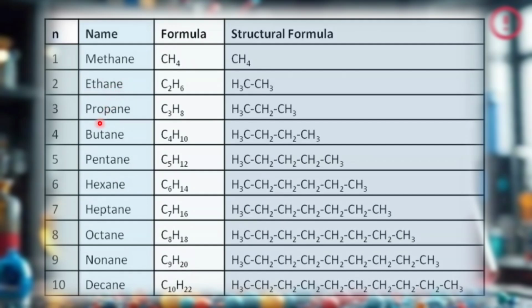The third member, with 3 carbon atoms, is propane, and the fourth member is butane, and the fifth member, with 5 carbon atoms, is called pentane, and the sixth member, with 6 carbon atoms, is called hexane, then heptane, octane, nonane, and decane. And we can write down their condensed formulas by specifying the groups present in the alkane family, methyl and methylene.